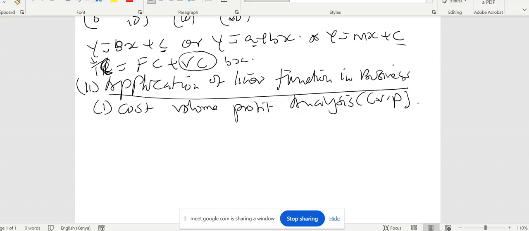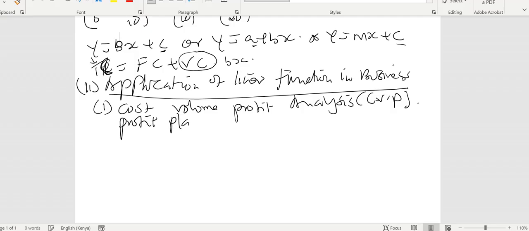What is a cost volume profit analysis? It is a profit planning technique.